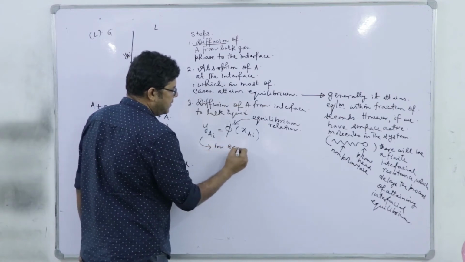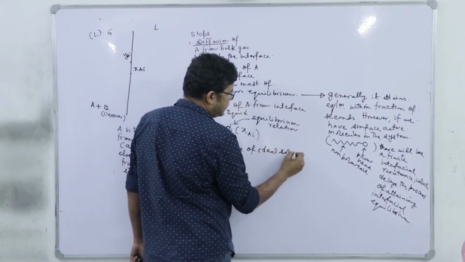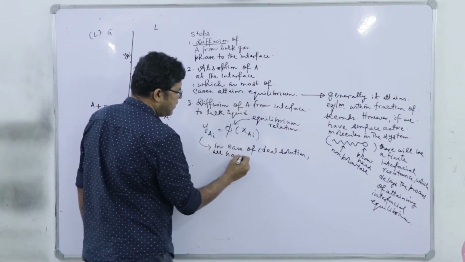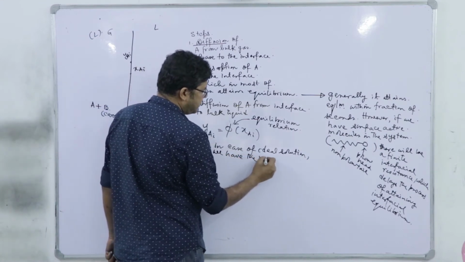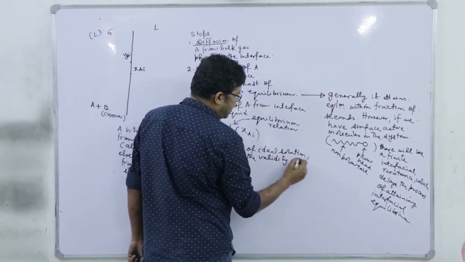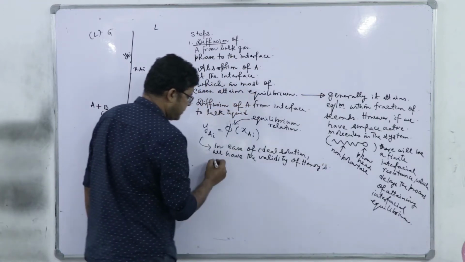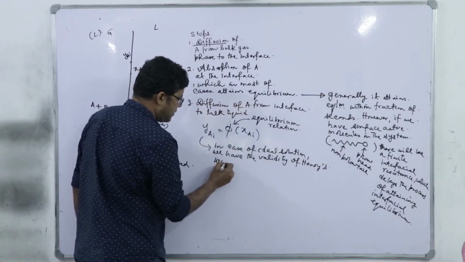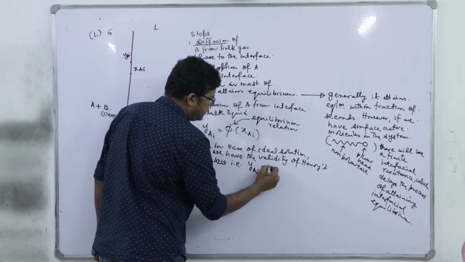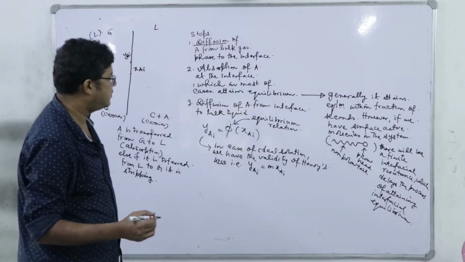In case of an ideal solution, we have the validity of Henry's law, that is YAI is equal to m into XAI, where m is the Henry's law constant.